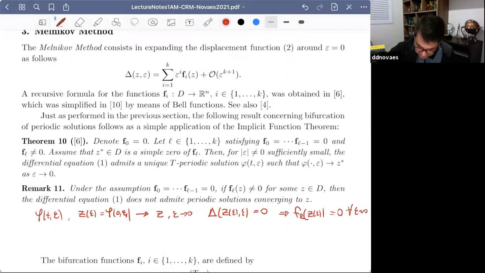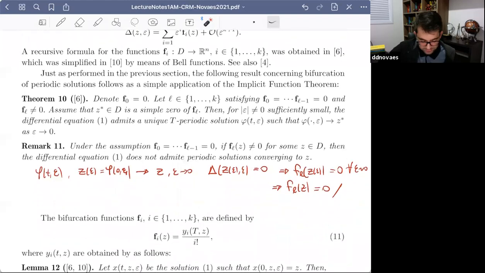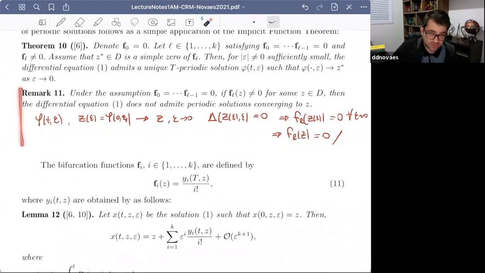And take the limit, we have that fl of z is equal to 0. So if fl of z is distinct from 0, then the difference equation does not have periodic solutions converging to this point. Okay, this is a simple remark that also is true for the previous theorem.